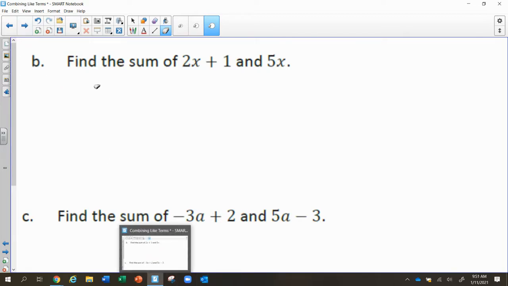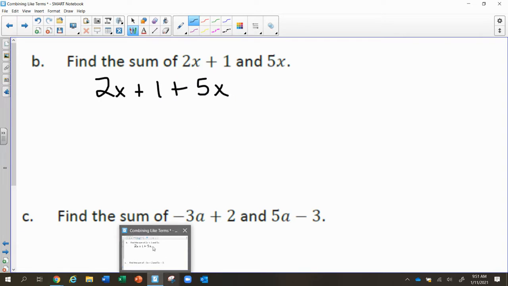Okay, so this one says find the sum of 2x plus 1 and 5x. So we're going to combine these 3 terms and see what happens. 2x plus 1 plus 5x. Well, I have to look and see what terms are the same.